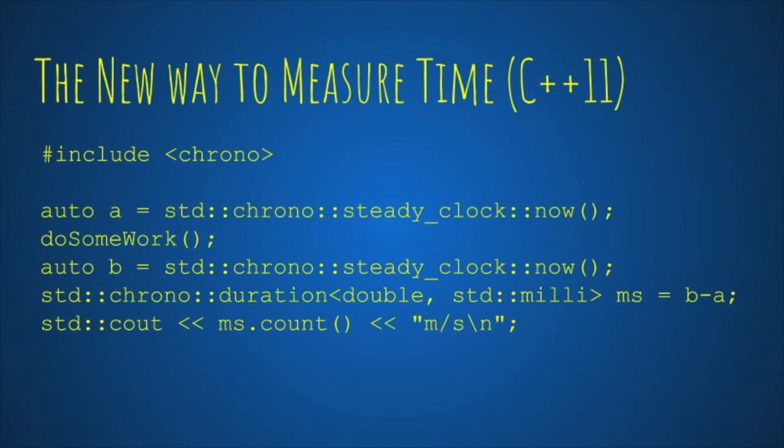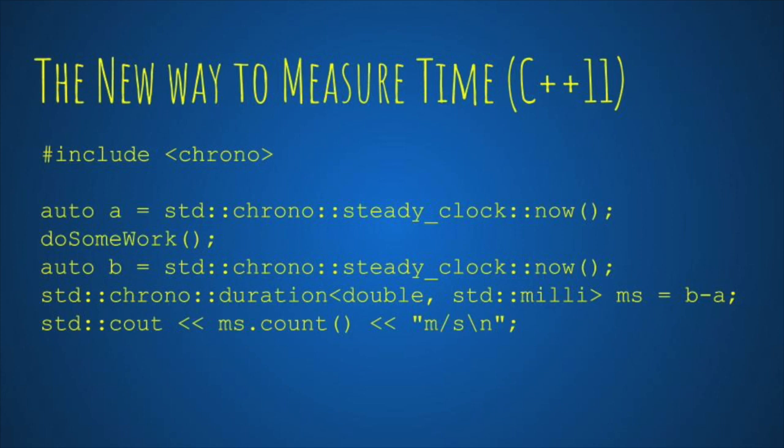In our code example here, we have time A and time B. We subtract them in a duration object. A duration object is a way to represent the interval in a unit. There's seconds, milliseconds, nanoseconds, whatever unit you want.